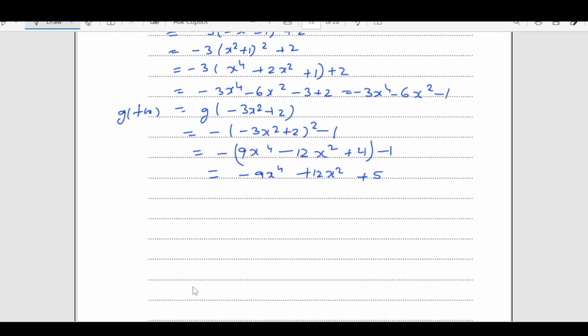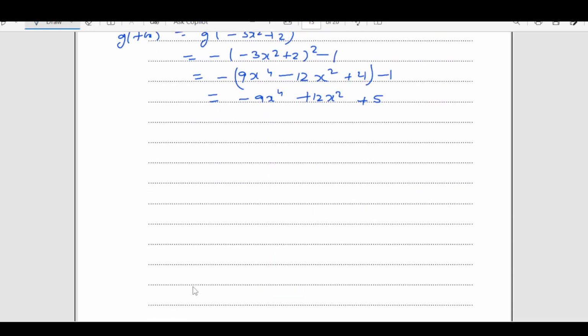So now we are going to plug in all these values. So from equation 1, f of g(x) is minus 3x to the 4 minus 6x squared minus 1, minus 9x to the 4 plus 12x squared plus 5, plus 8 is equal to 0, right.